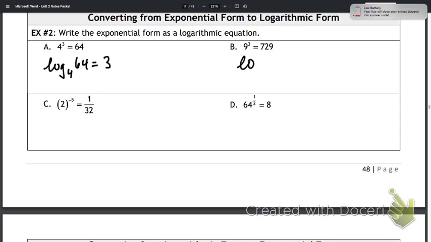Here we have log base 9, and that's 729. Again, the log is always equal to the exponent. Here we've got log base 2 of that 1 over 32. And again, it always equals the exponent. On the next one, we've got log base 64 of 8 equals that exponent.